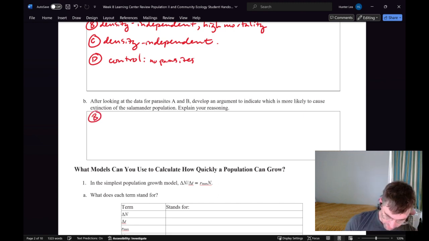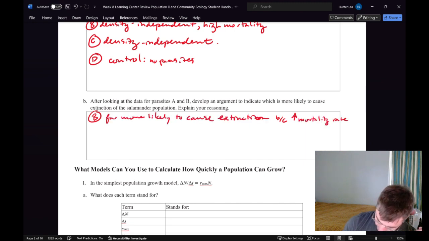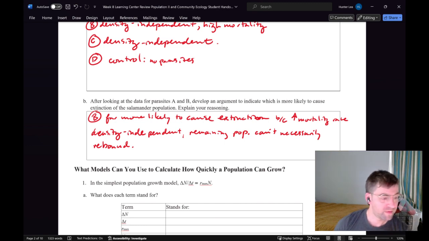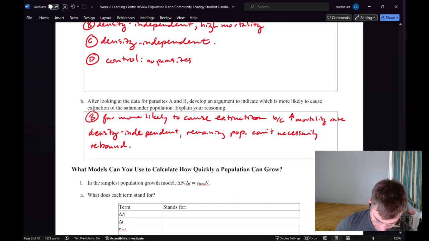So parasite B, density independent, remaining population can't necessarily rebound or recover. All right.